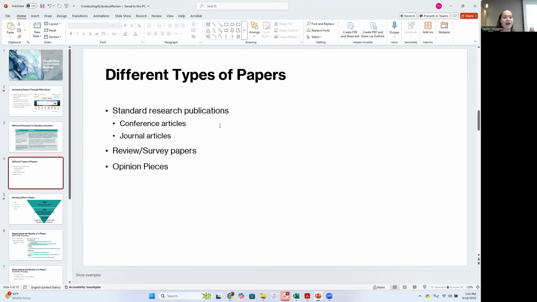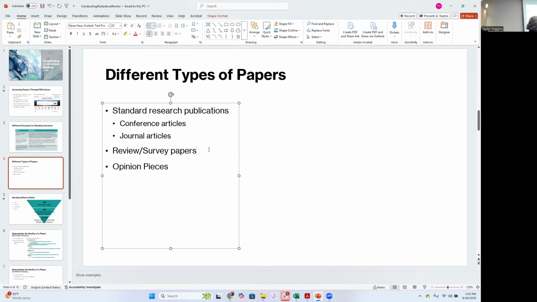All right, so we have conference and journals. Those are the standard intro, methods, results. But then there's also review or survey papers. The term review or survey is synonymous. And these are papers that do not do a particular experiment, but their goal is to synthesize the lit review on your behalf.